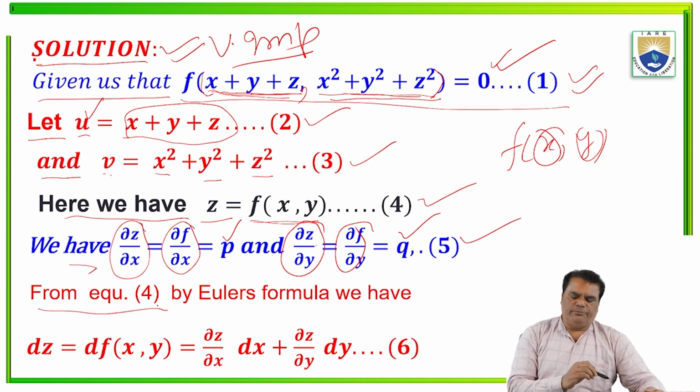From equation 4, z is a function of x and y. From equation 4, we know Euler's formula.